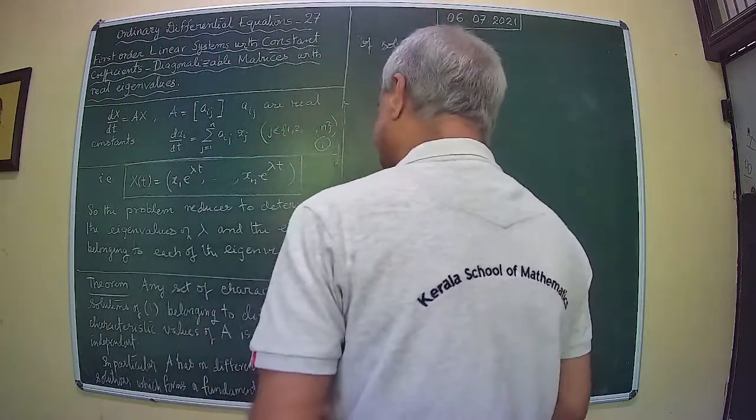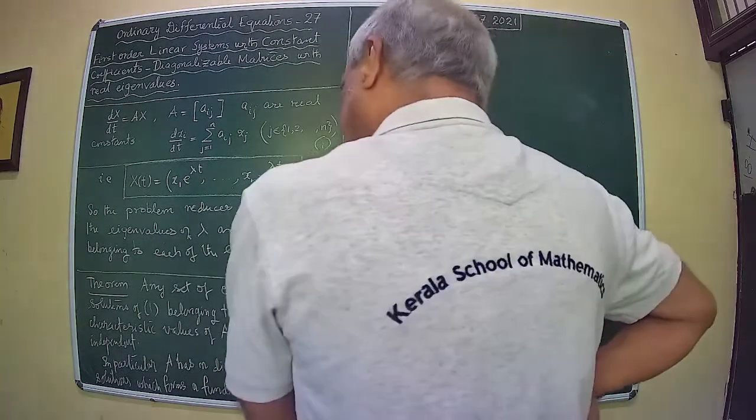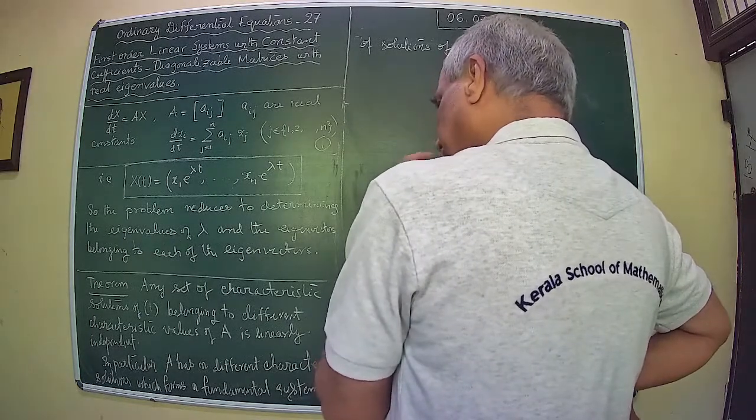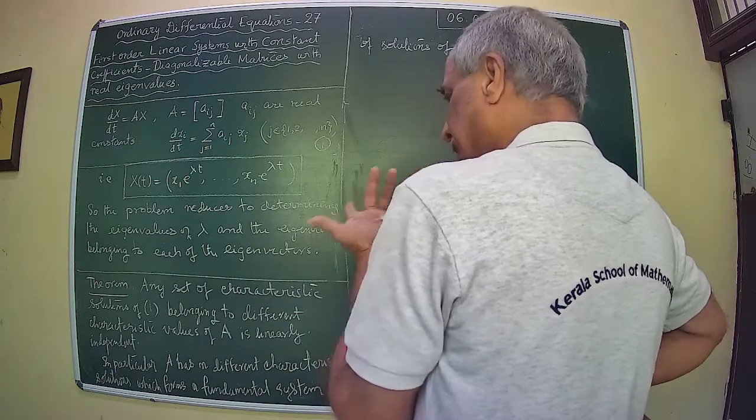So this is quite easy to prove, because I don't want to write a proof of this. You see that any set of characteristic solutions of x' = Ax belonging to different characteristic values of A is linearly independent.